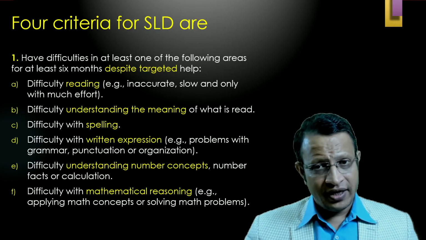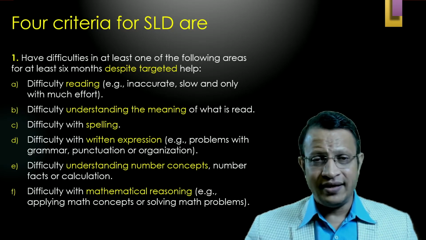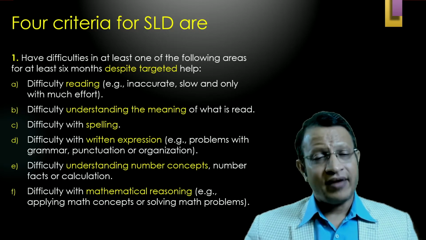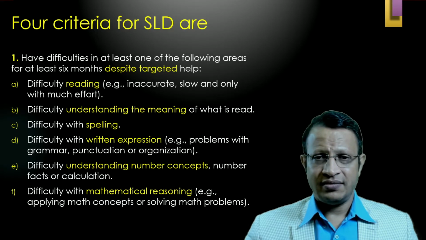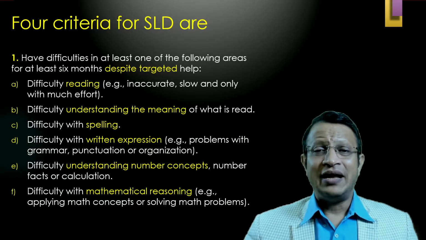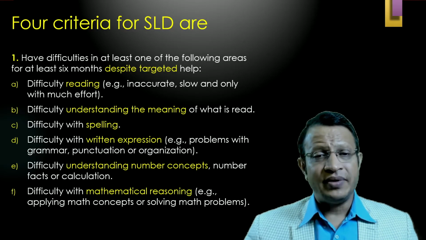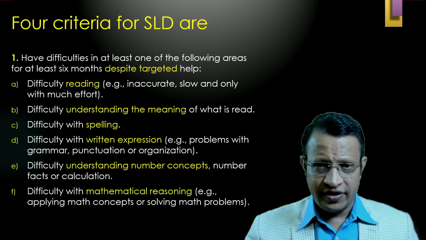It may be difficulty in reading, difficulty in understanding the meaning of what it has read, that is comprehension, difficulty with spelling, writing, difficulty in understanding number concepts, number facts or calculation, difficulty with mathematical reasoning. That means any one of them should be there for 6 months in spite of intervention.